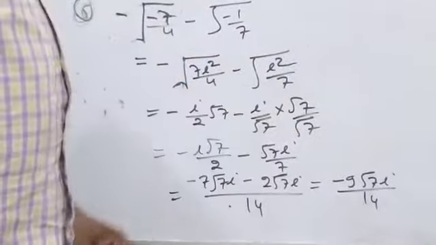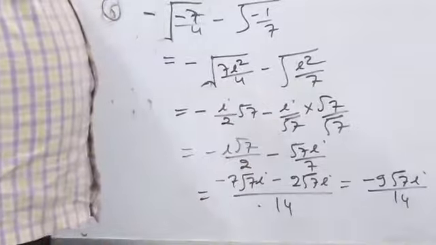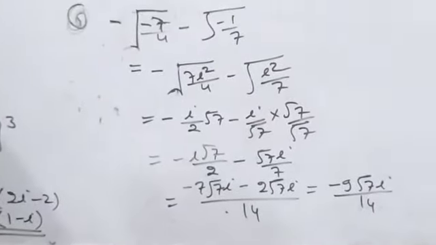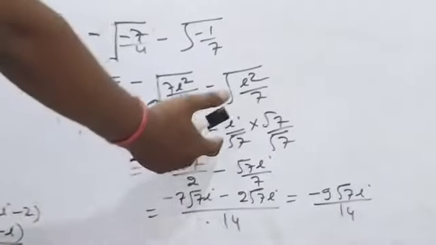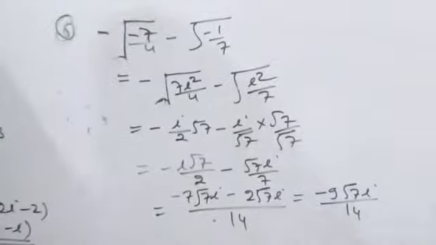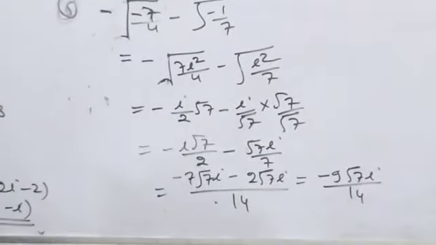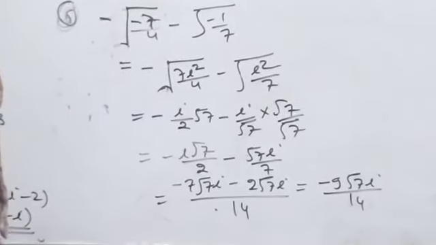into under root 7 upon under root 7. Why? Because we multiply by under root 7 in both numerator and denominator. So i into under root 7 upon under root 7 into under root 7 is equal to minus i under root 7 upon 2 minus under root 7 i upon 7.